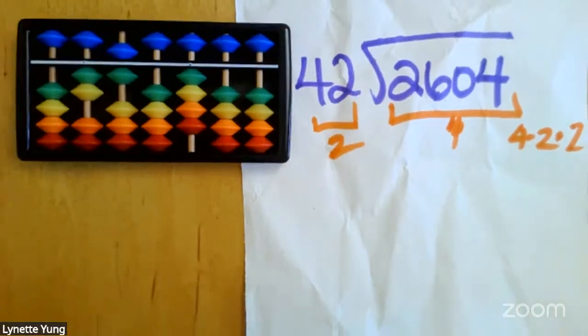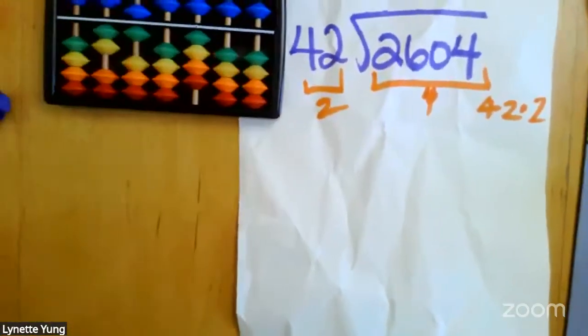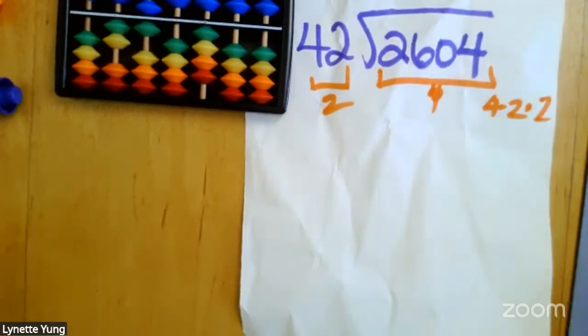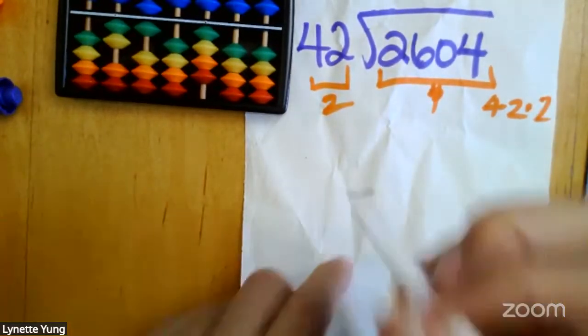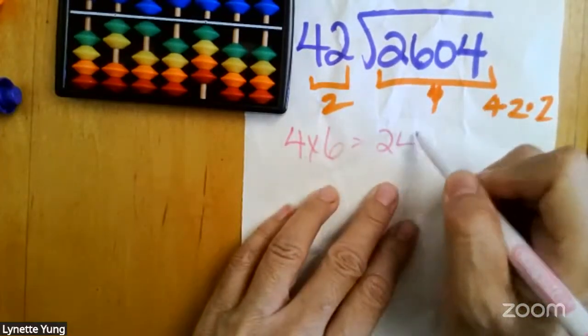Okay, so what are we going to do now? We're going to start with the 4, and we're going to go 4 times what is equal to 26 or less. So that would be 4 times 6. 4 times 6 is equal to 24.